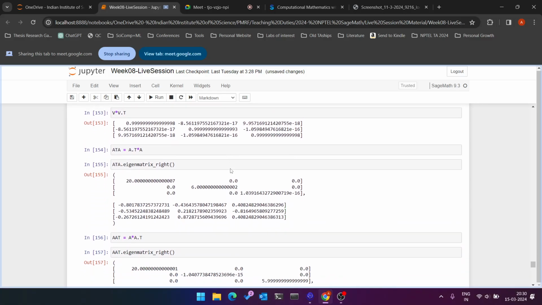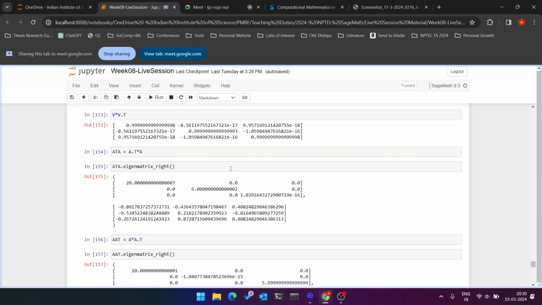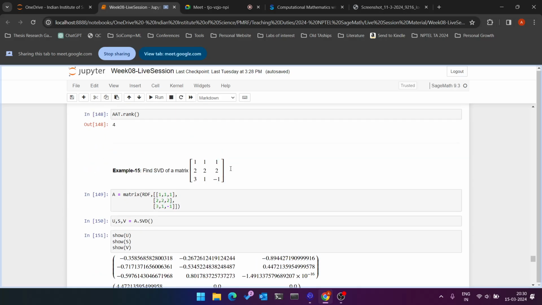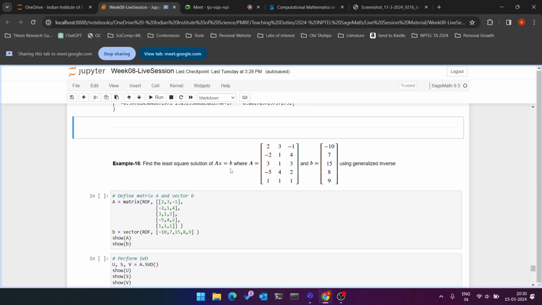So basically, they are the eigenmatrices of A transpose A or A A transpose, respectively. Okay, straightforward example, this one also.